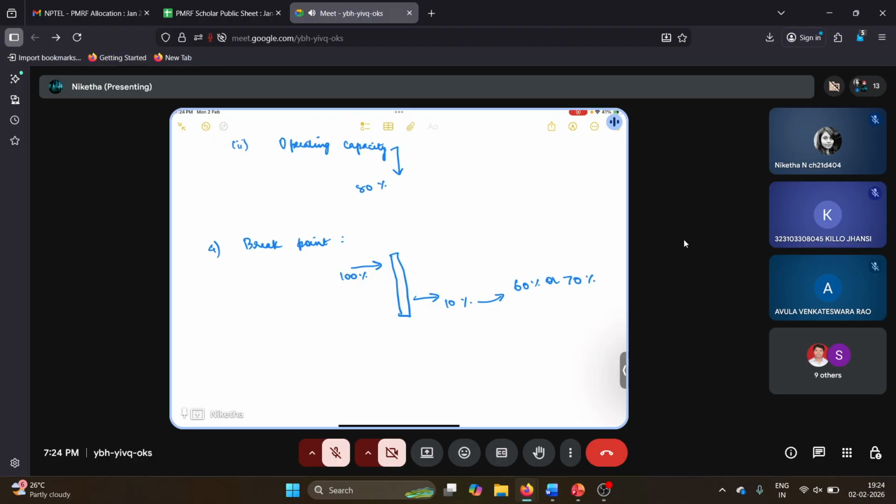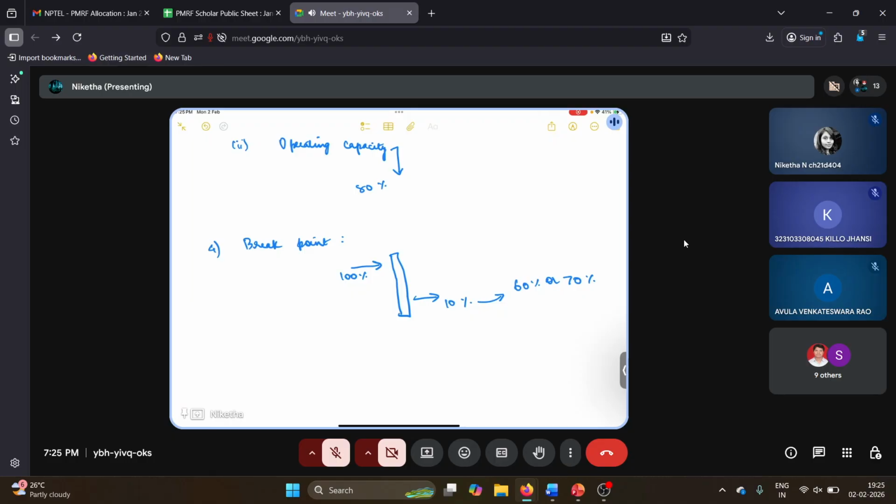We have some standards, right? Standards for wastewater disposal, standards for drinking water, etc. If the outlet concentration is high enough that it does not meet the standards, then the point where the concentration exceeds the required concentration is called the breakpoint.